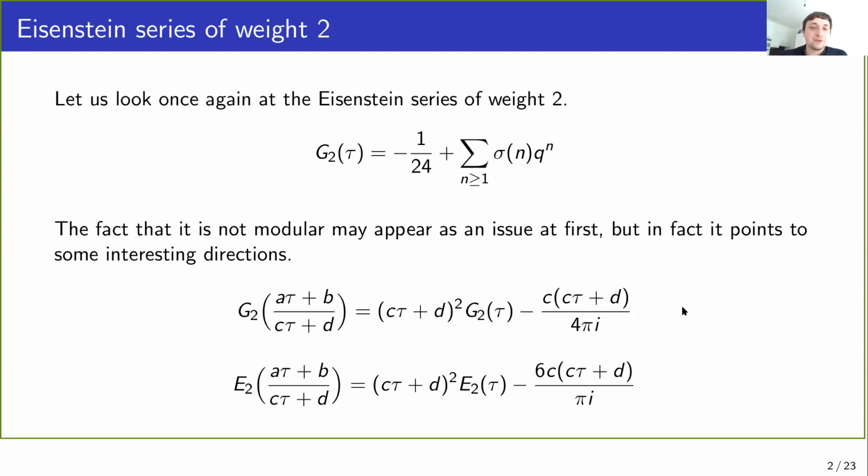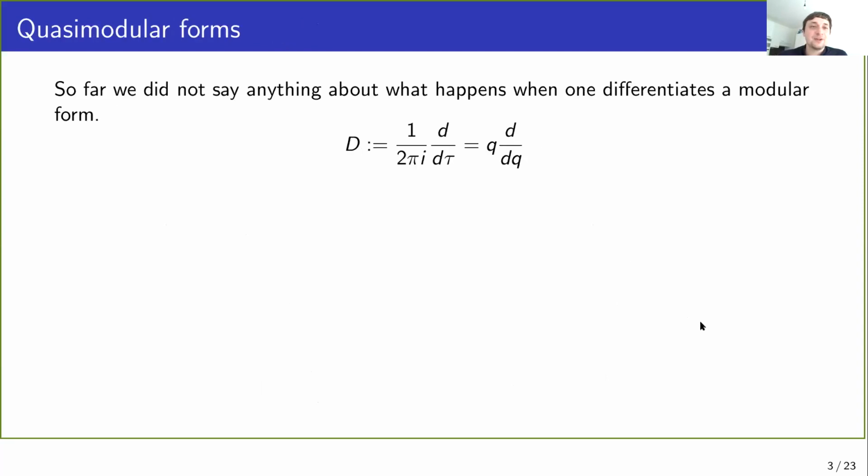So first, let's look at one question that I haven't mentioned almost anything about: what happens when you differentiate modular forms. There's actually quite a deep theory there. But on a very basic level, there's something you can do very easily using the Eisenstein series of weight 2. Let's look at this differential operator.